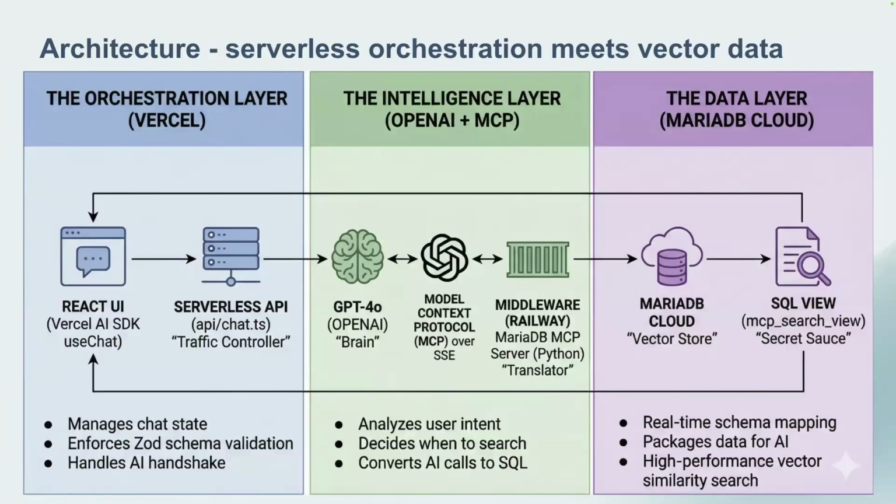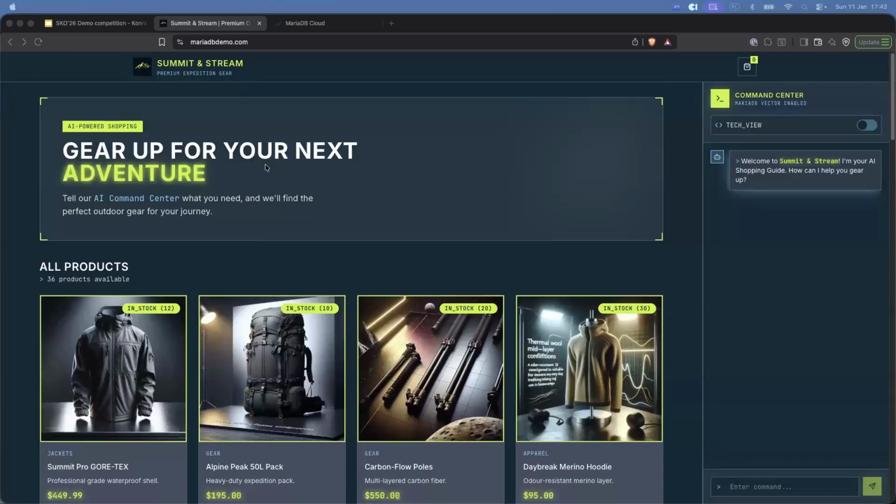So we did a SQL view in MariaDB that dynamically remaps our schema and packs the price, stock, and images into a clean JSON that the AI reads. This way, it definitely improved the speed, and some of the responses from the agent, right?